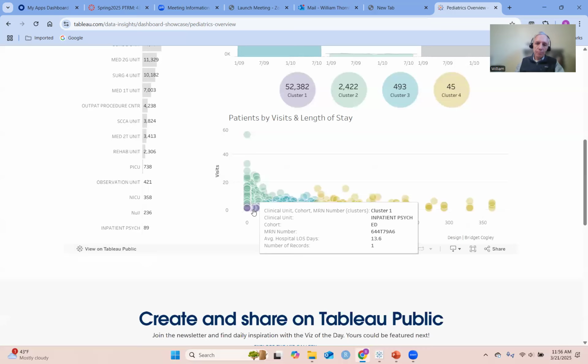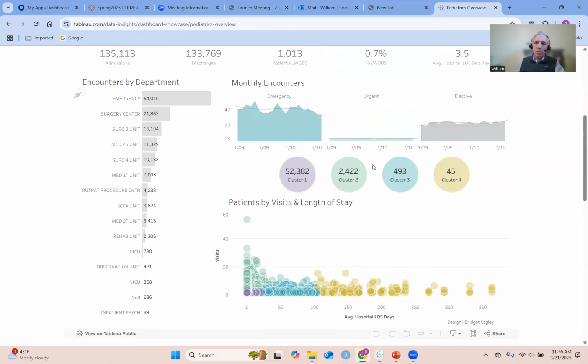And this is a histogram. I've got average hospital days here, and this is a count. And then I've color coded those by these clusters, 1, 2, 3, 4. I'm not sure what those clusters mean, but I've color coded those by that now.